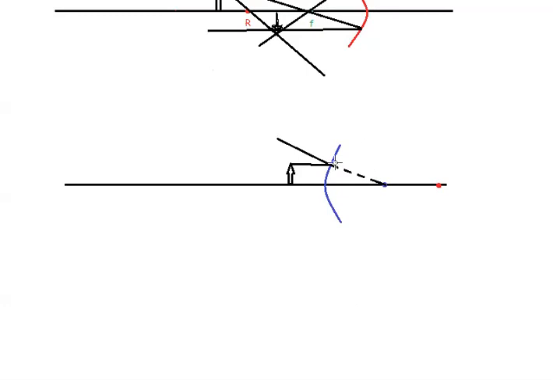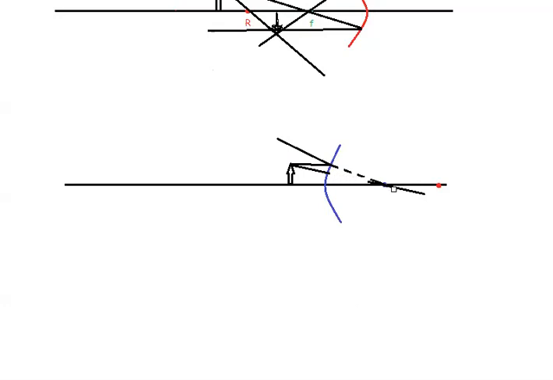Then our second one is supposed to come from the focal point and be reflected horizontally, but we have to draw the ray as if it's headed to the focal point and then reflect it horizontally wherever it touches the mirror. So I'm going to draw the whole thing because I can't do halvesies on the computer. And then I'm going to erase this part.